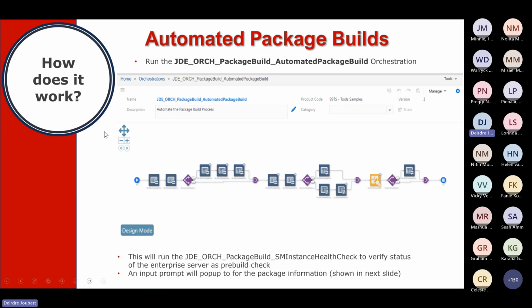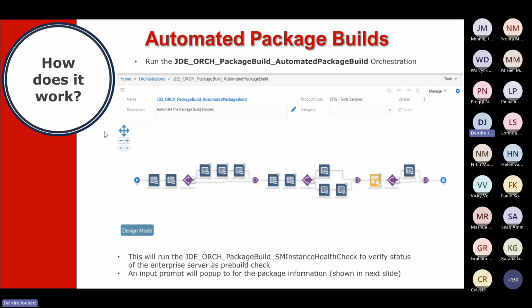Okay, so how does it work? You still need to run the orchestration that you've just imported that has been delivered by Oracle. And this orchestration, as mentioned, will verify the status of your enterprise server prior to submitting the build.